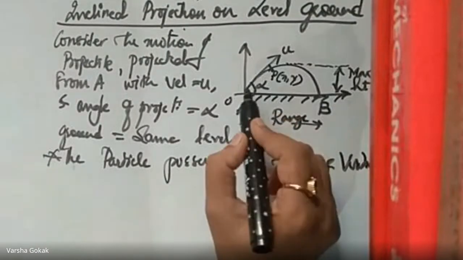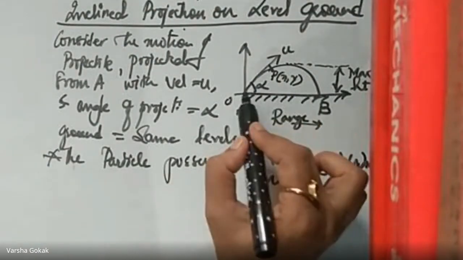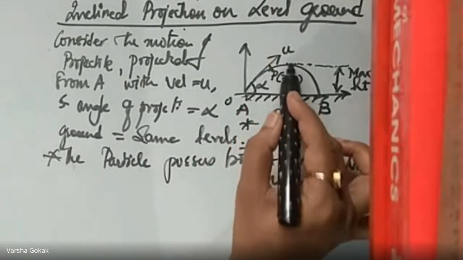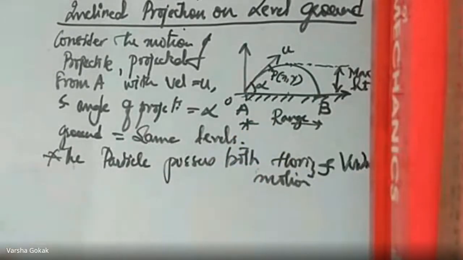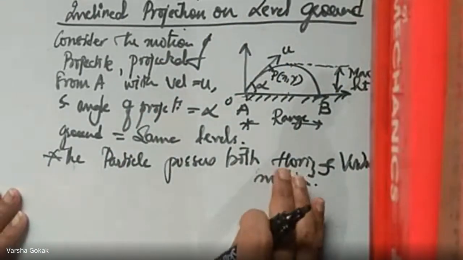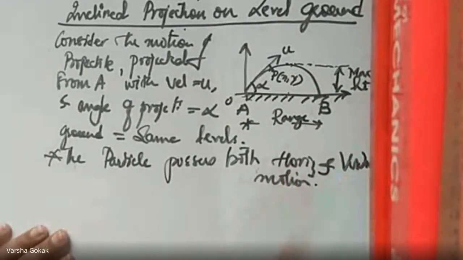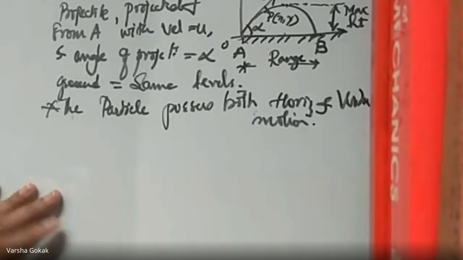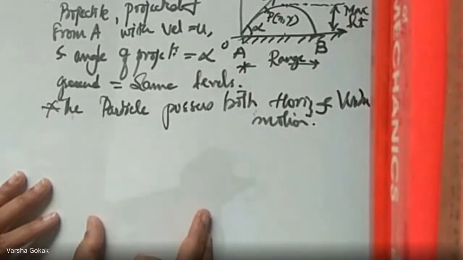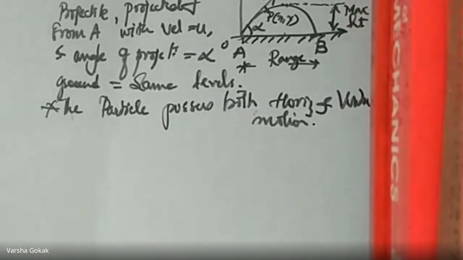It has horizontal motion, that's why it is traveling from A to B, the range, the horizontal distance. And it has vertical motion also, that is why it is reaching some maximum height h. So you need to write this data first. Once we say that it has horizontal and vertical motion, our next job is to solve for both and get the equations related to them.